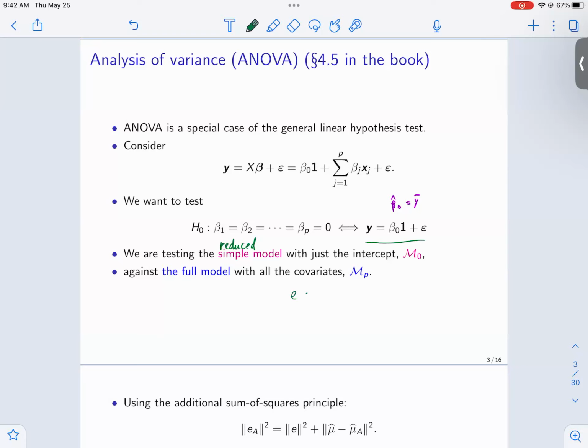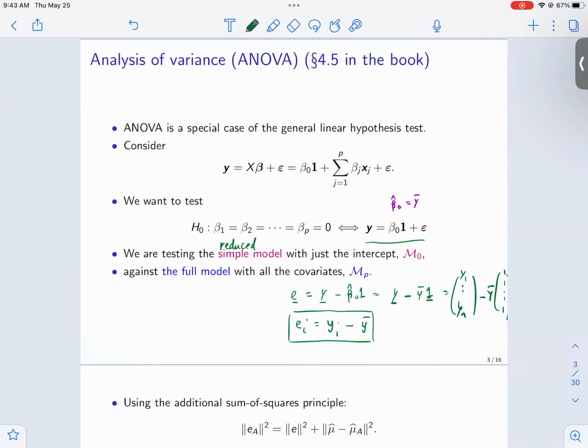E would be y minus beta hat 0 times the vector 1, or y minus y bar times 1. Coordinate-wise, e_i is y_i minus y bar. So y bar is a constant, and this one is a vector. Basically you're doing y1 up to yn minus y bar times 1, 1, so it's effectively subtracting y bar from all of the y_i.